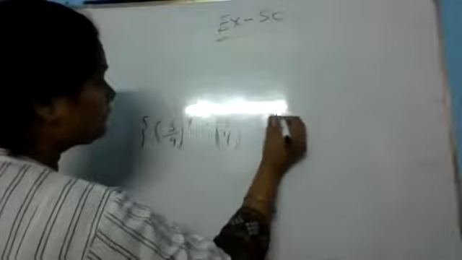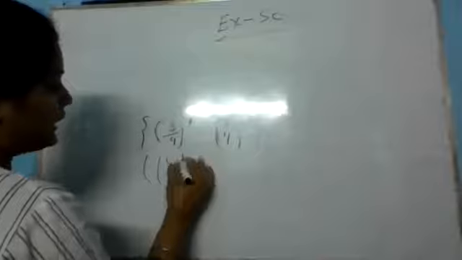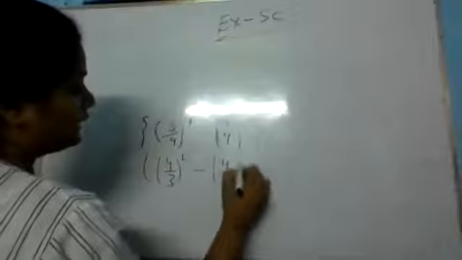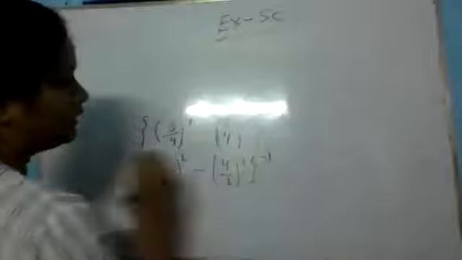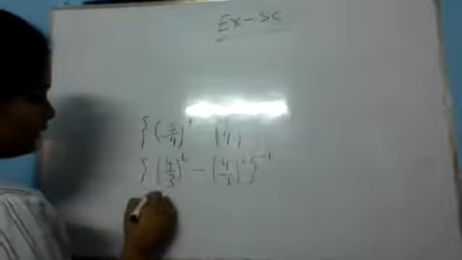Okay. So we can write 4 by 3 and the power will be plus 1. And here I can write 4 upon 1 and the power will be plus 1. Right? Like this. Now just solve this.